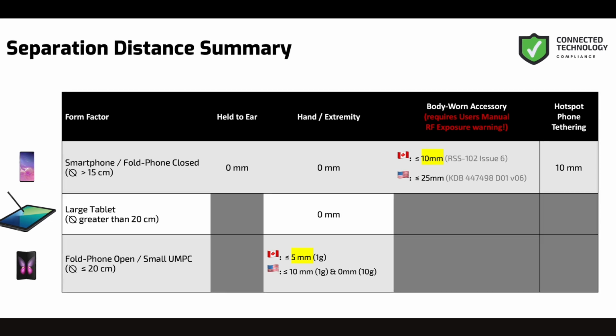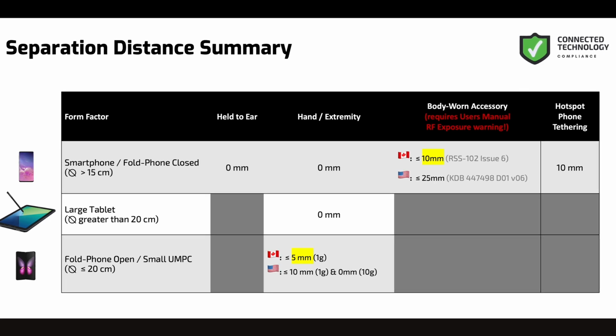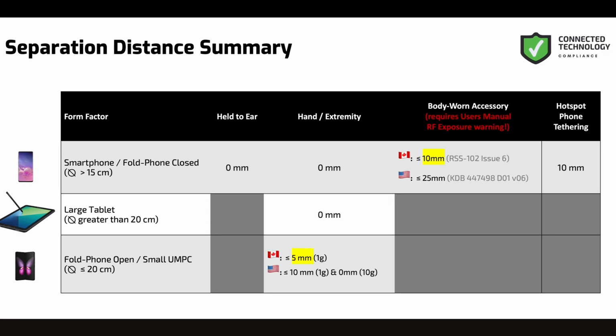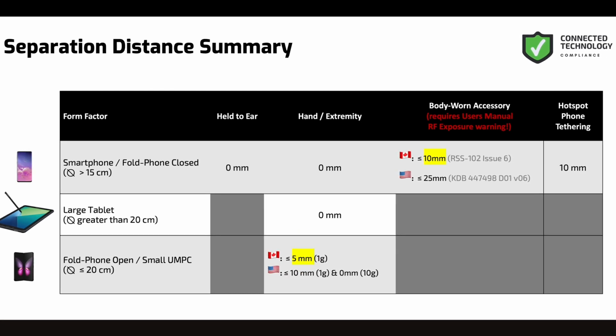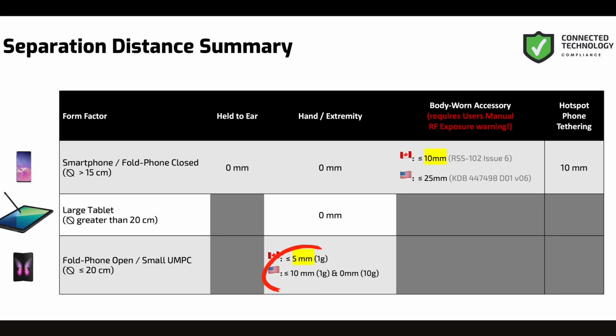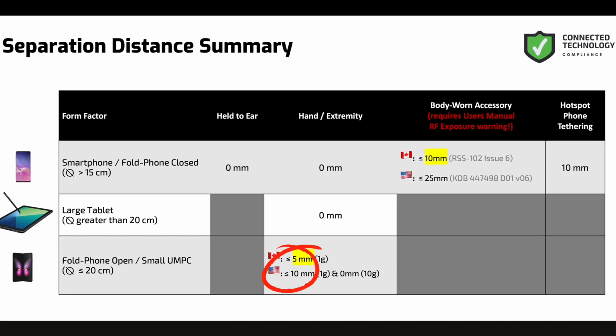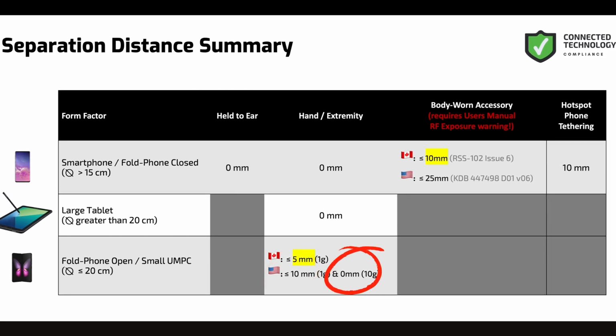And for folding devices, folded open when it's less than 20 centimeters diagonal, for Canada, it requires 5 millimeters, 1 gram SAR. Or in the US, you can do that, or a 10 millimeter, 1 gram SAR in conjunction with a 0 millimeter, 10 gram SAR.